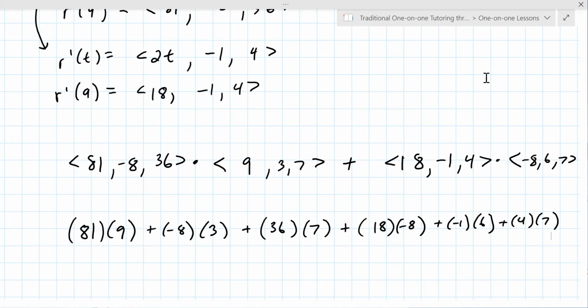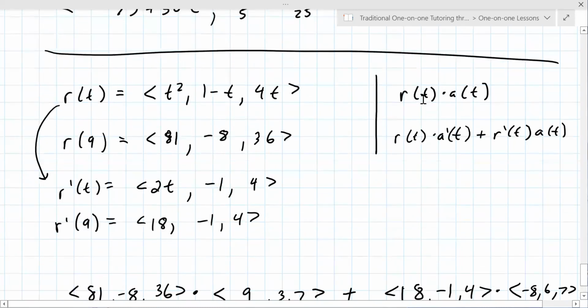Maybe more importantly, do you feel like you could replicate that on a future assessment? So let me relook at the problem. Okay, it's just product rule between both of them.